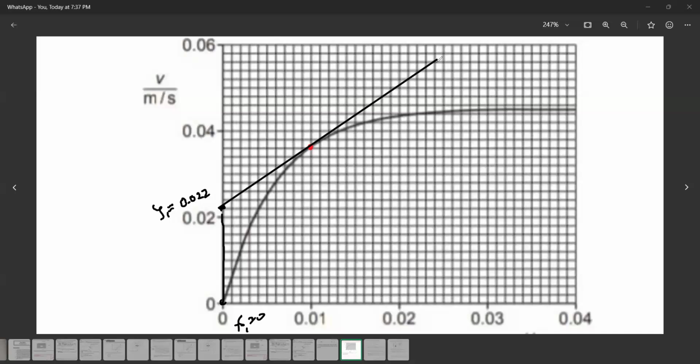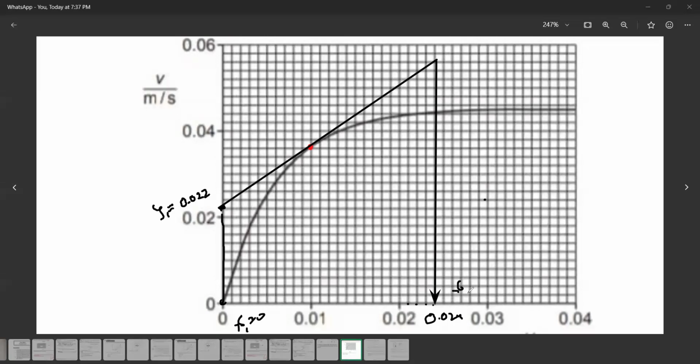Then the second point on the x-axis: 0.021, 0.022, 0.023, 0.024.